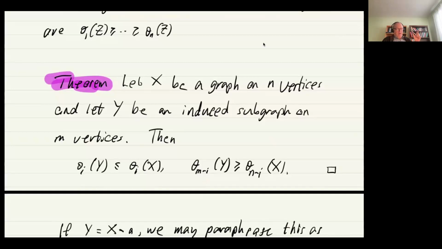But so the eigenvalues of the induced subgraph lie between the eigenvalues of the graph.